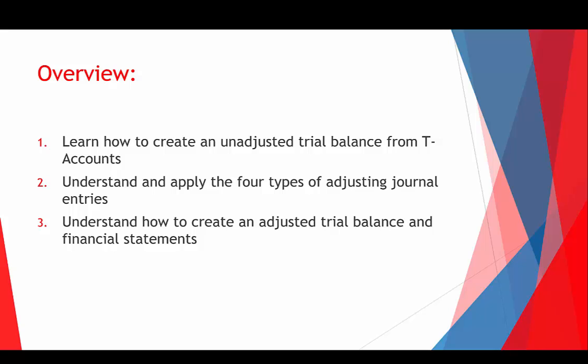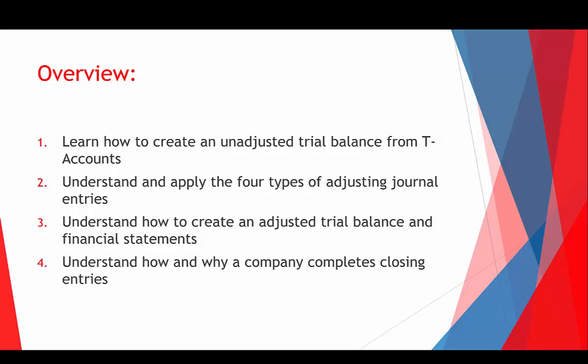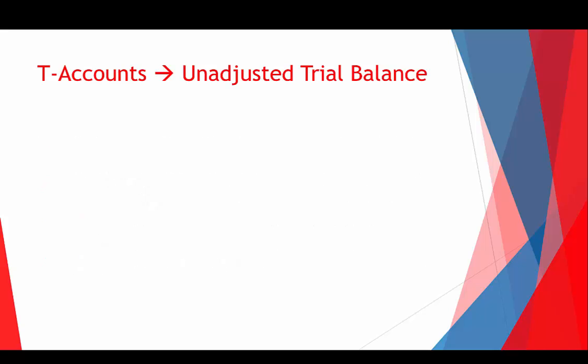Basically, we're going to take that unadjusted trial balance and change it for all the adjusting entries that we make. And then finally, we're going to finish up with my personal favorite, understanding how and why a company completes closing entries. You love closing entries, so you kind of wipe the slate clean. You get to start over fresh for the next one. I like it. Celebrate all the successes you had and move on to the positive.